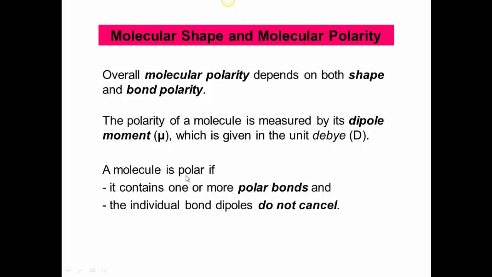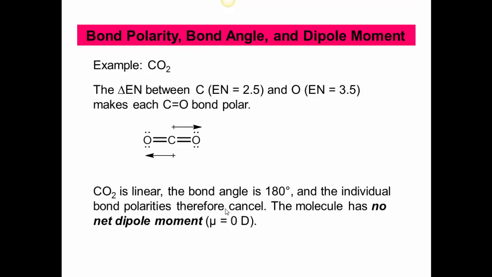And a molecule is polar if it contains one or more polar bonds and if the individual bond dipoles do not cancel. Alright, so an example is carbon dioxide. To determine if a bond is polar or not, you look at the difference in electronegativity between the two atoms that form a bond. So in this case, we're talking about carbon dioxide.